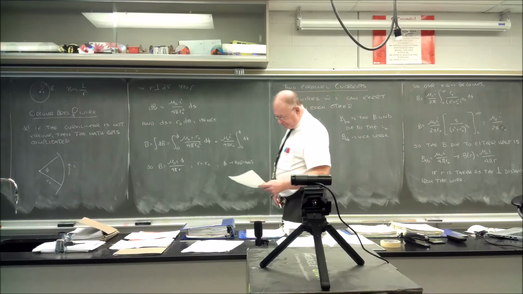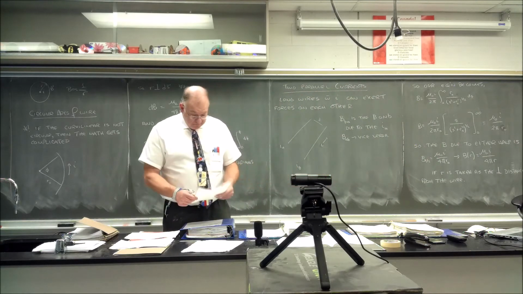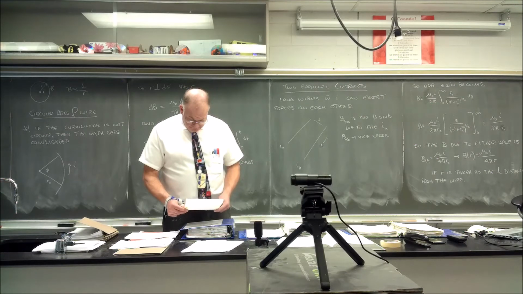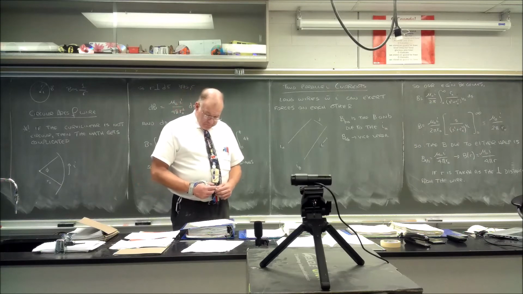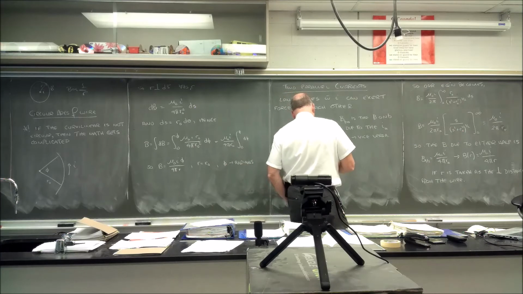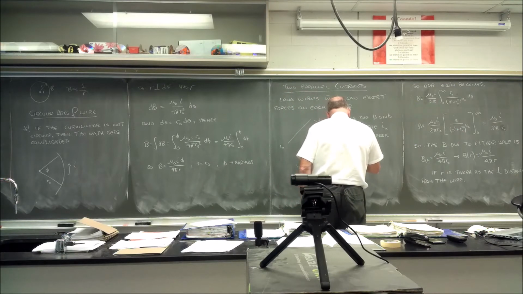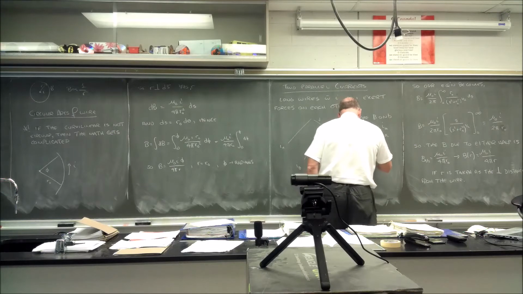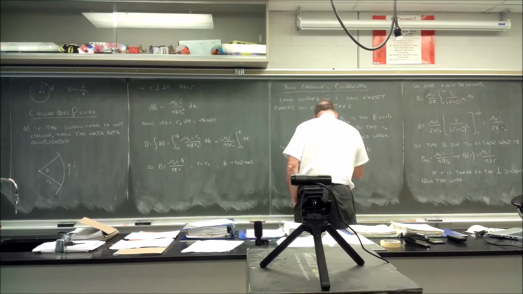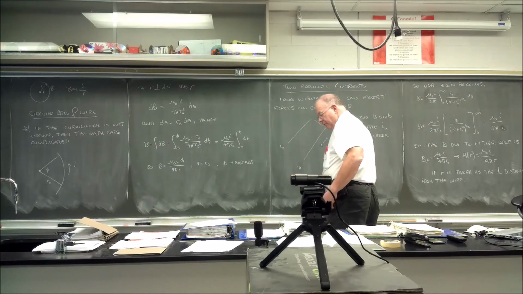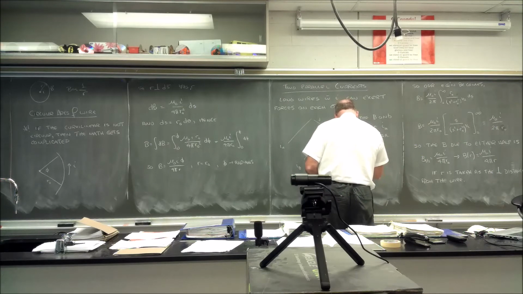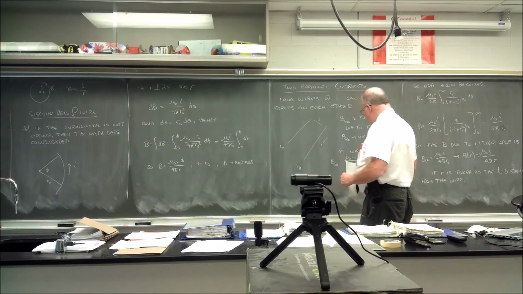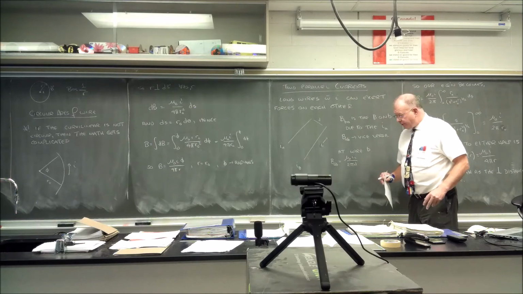Now let us look at wire B. BAB is equal to mu naught IA, all of it over 2 pi D. And we know it's D because it's constant separation, parallel currents, right?